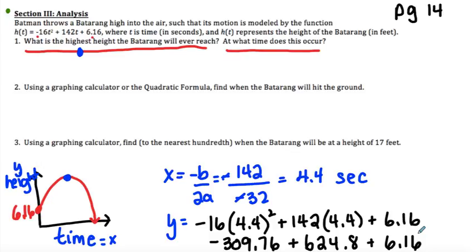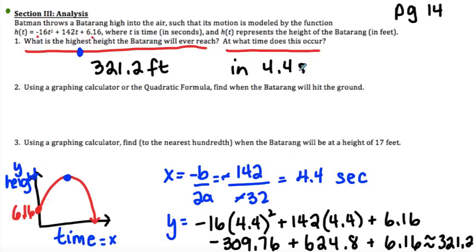I'm going to add all those together, and I get approximately 321.2. So that means the Batarang is going to reach its highest height of 321.2 feet in 4.4 seconds.